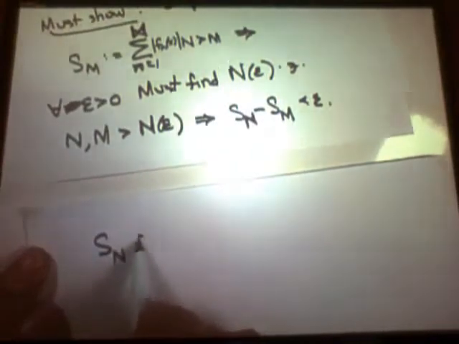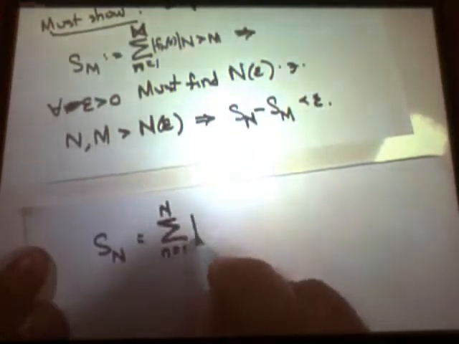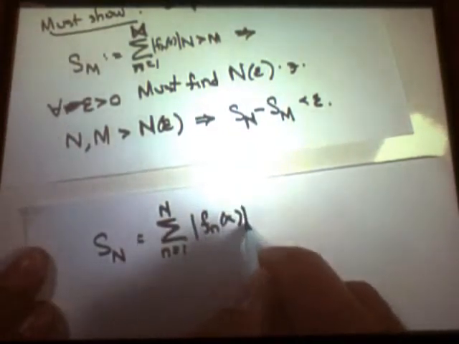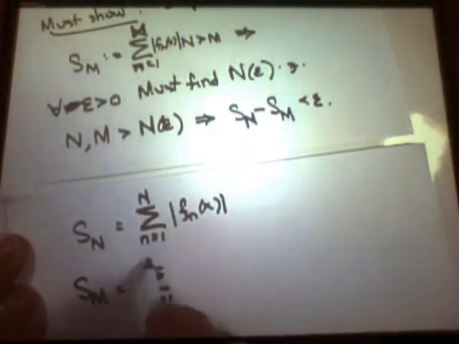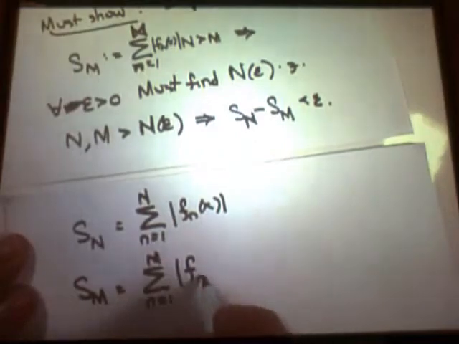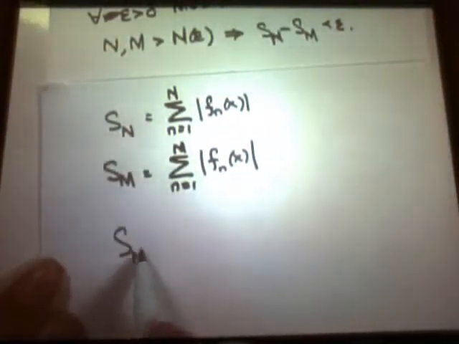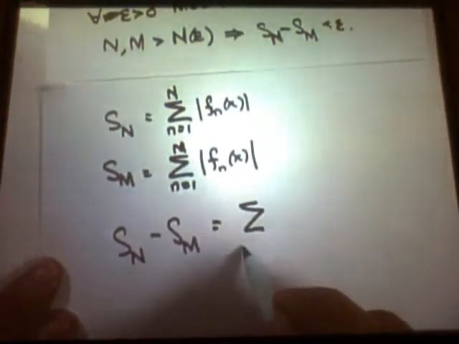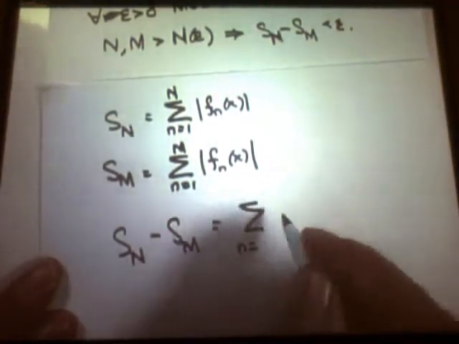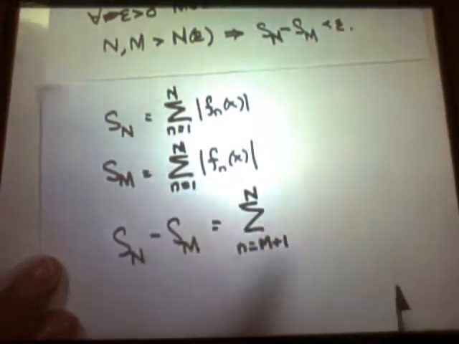S_N is the sum from little n equals 1 to capital N of the absolute value of f_n of x, S_M equals the sum from little n equals 1 to capital M of the same thing. Okay, and you're assuming that capital N is greater than capital M, so that S_N minus S_M is going to be the sum from n equals M plus 1 to N, right?